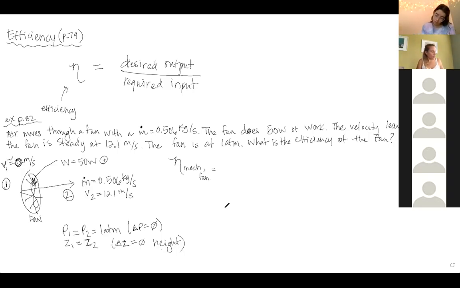Like the torque of the arm is moving the fan. So this is still going to be our basic equation of output over input. And here, for our input, what is our input going to be?